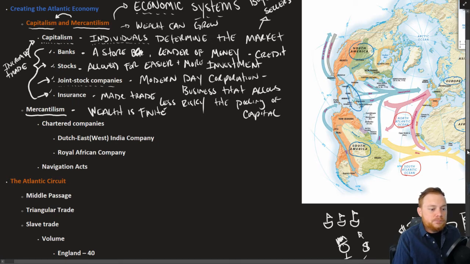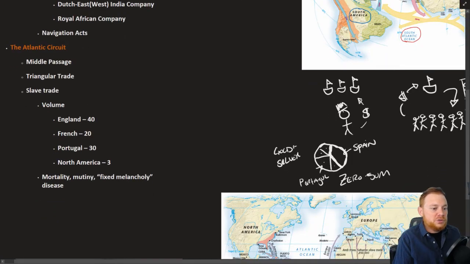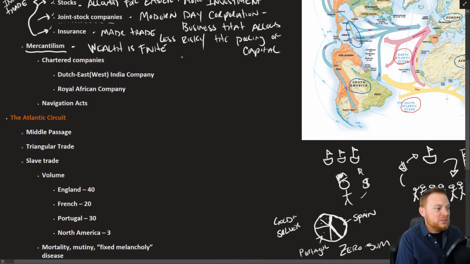Because wealth was believed to be zero sum, under a mercantilist system, trade with other nations was discouraged. In other words, nations didn't want to trade with one another, and instead countries chartered various companies.